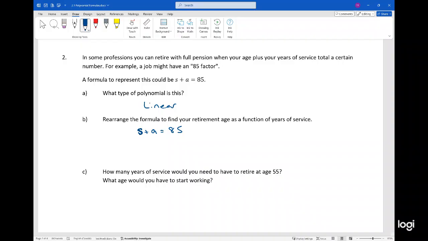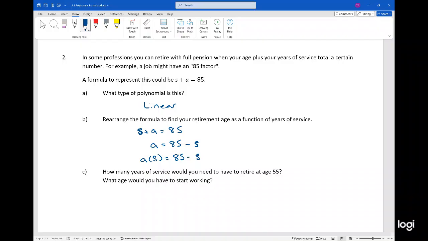Okay, so if I want to get age by itself, age is a function of S. I'm going to just subtract S from both sides. So age equals 85 minus S. And while that equation is perfectly good, if you'd like to write it as a function, A of S equals 85 minus S, you're more than welcome to write it in function notation.